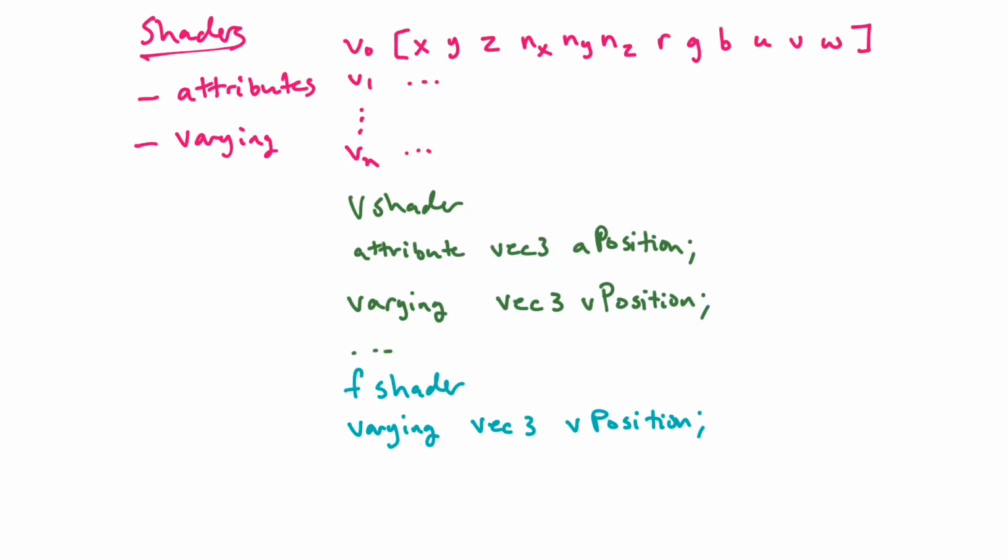And then lastly, we need a way of getting our final colors out and our positions. The vertex shader is going to produce the final vertex, or where it's going to get drawn, and the fragment shader is going to generate the final color. And these actually have special names. So gl_Position is the variable we write to in the vertex shader, and gl_FragColor is what we use in the fragment shader.